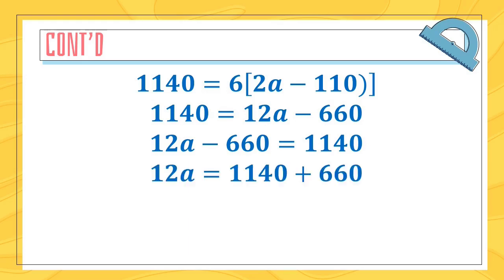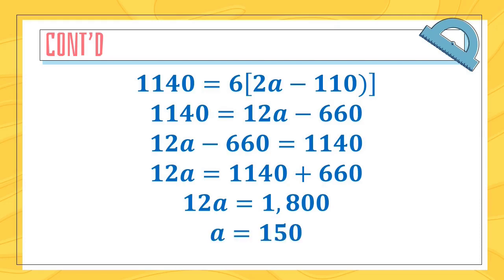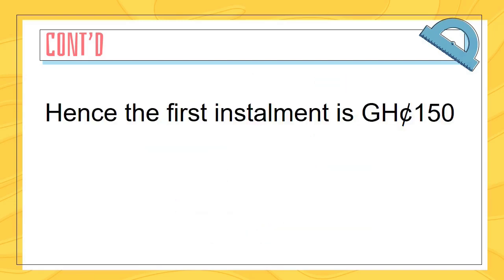And we can also group like terms to produce 12A equals 1,140 plus 660, and that will be simplified to give 12A equals 1,800. And when we divide both sides by 12, it will produce the A value 150. Hence, the first installment is 150 Ghana cedis.